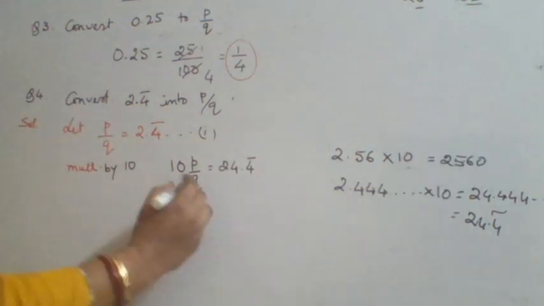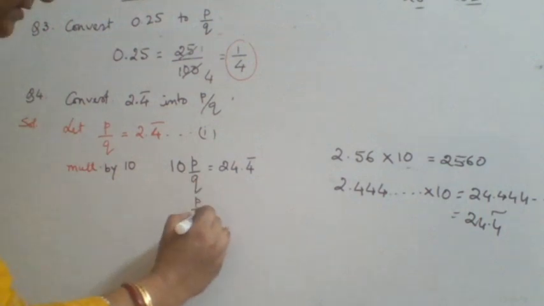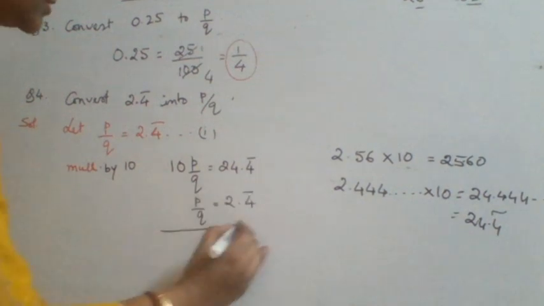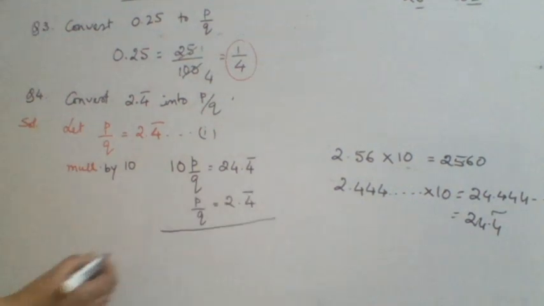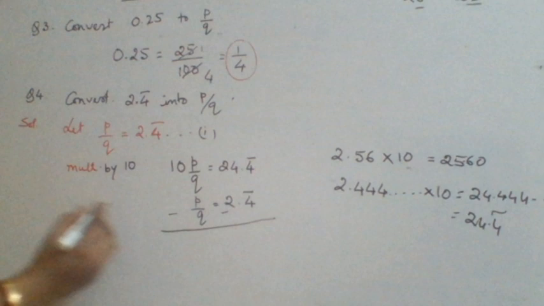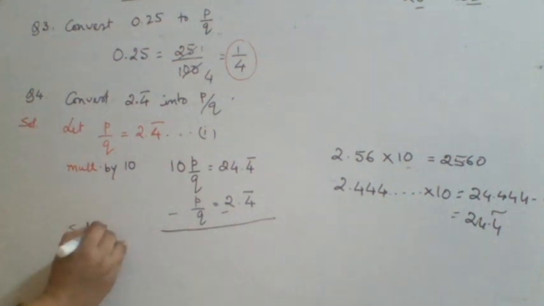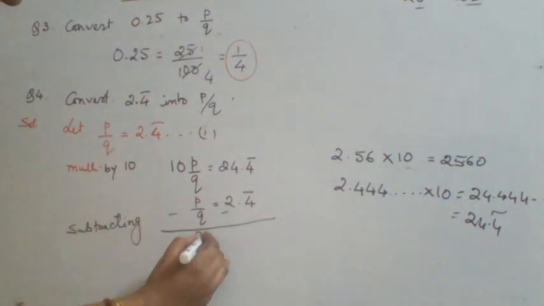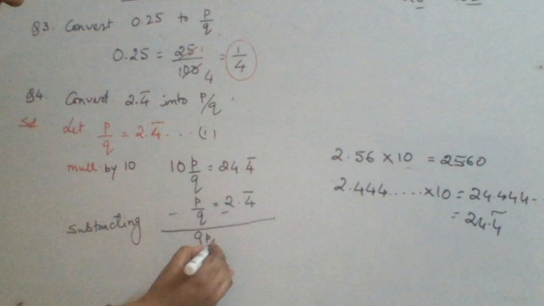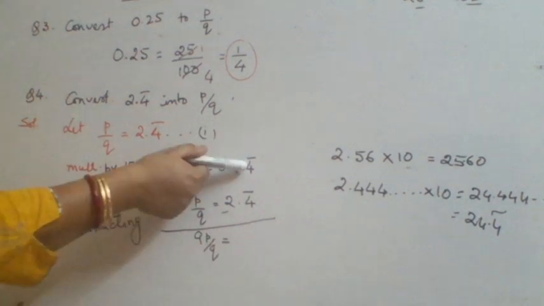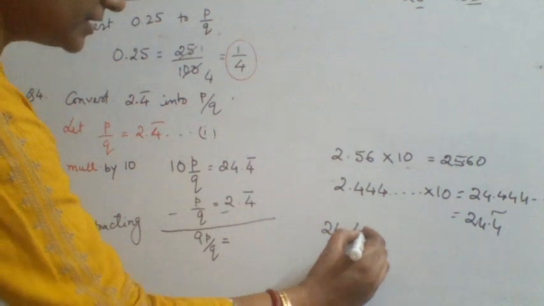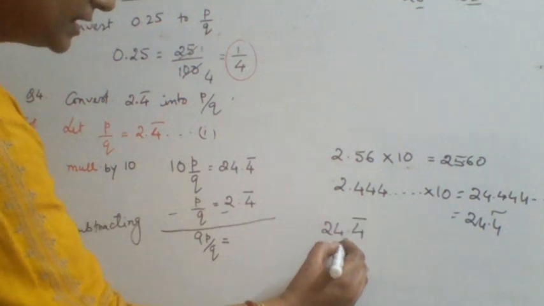And the previous equation was p by q equal to 2.4 bar. If you subtract it, then what happens? If you subtract, 10p by q minus 1p by q, that is your 9p by q, is equal to 24.4 bar minus 2.4 bar.